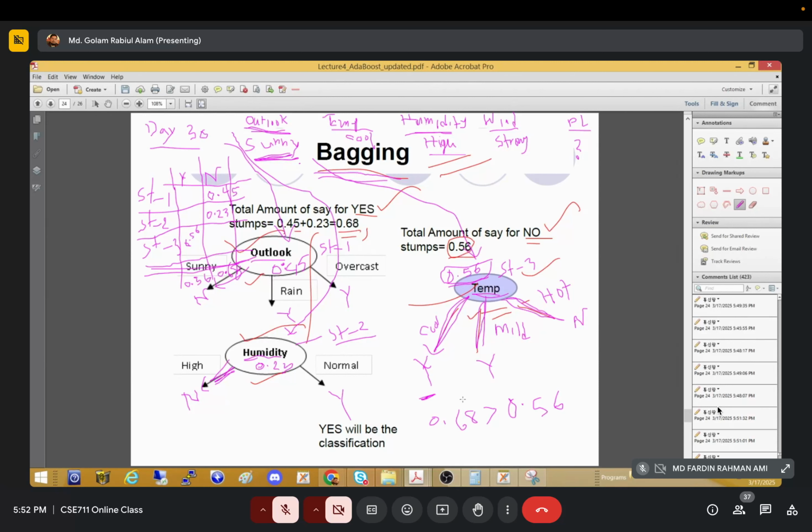So 0.68 is for no and 0.56 is for yes. That means no will be the winner in that case. So the decision will be no. The AdaBoost classifier will return no. This is how the AdaBoost approach works.